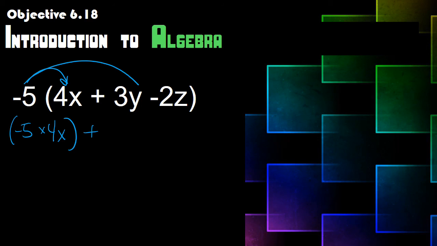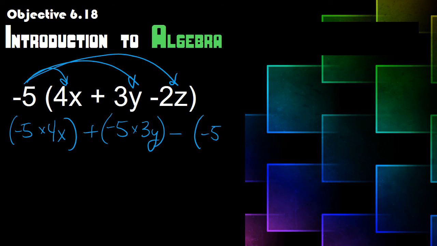Plus, we have -5 times 3y. And we have minus -5 times 2z. So let's now multiply these in each one of the parentheses here.